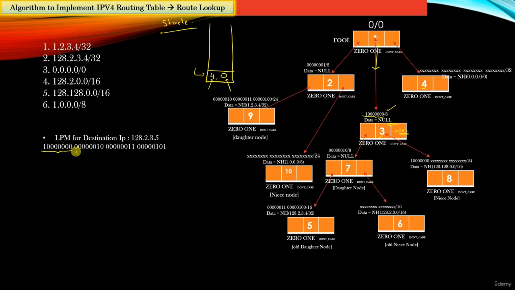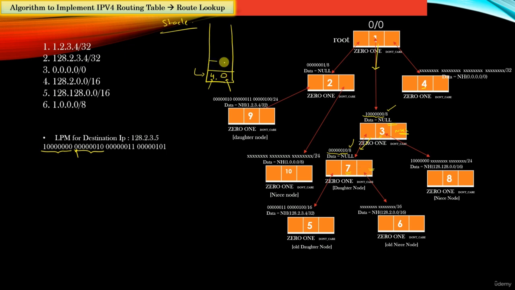So the next bit of the input string is 0, so we will take the path along the 0th child of the node 3, and we will land at node number 7. The prefix length of the node number 7 is 8, so we are going to match the next 8 bits of the input string with the 8 bits of the node 7, and they exactly match. Because they exactly match, we are going to push the don't care child of the node 7 into the stack.